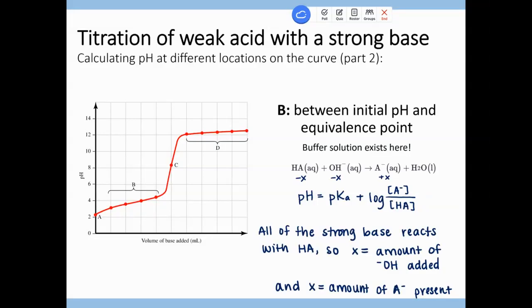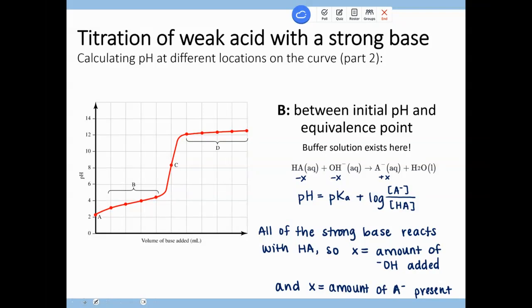And then, because all of the strong base reacts with HA, the amount of A minus present increases by X. So any of those more plateau areas of the titration curve, you can use Henderson-Hasselbalch equation because a buffer solution exists there. At the equivalence point, this is when, are you ready for C?